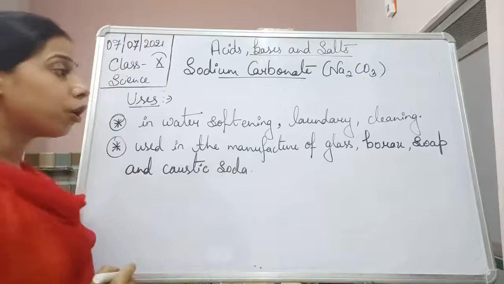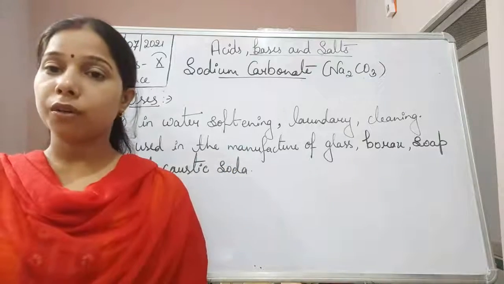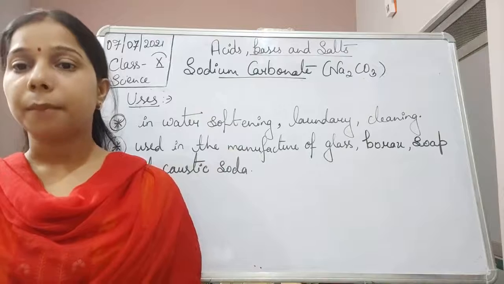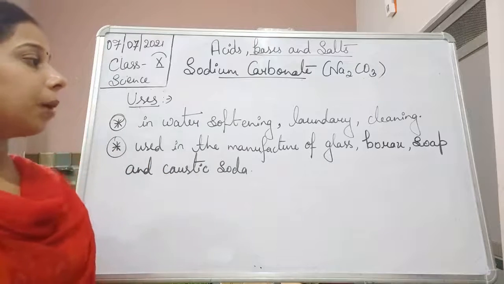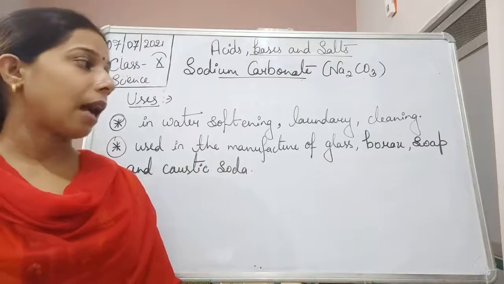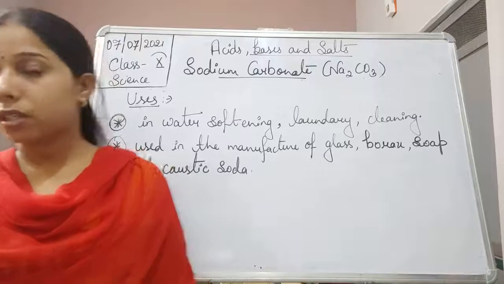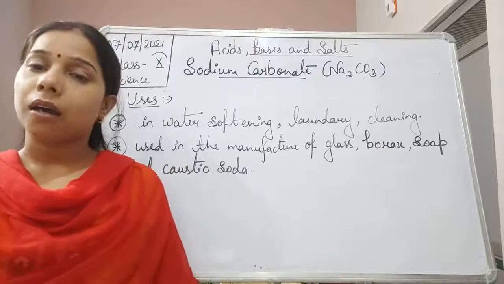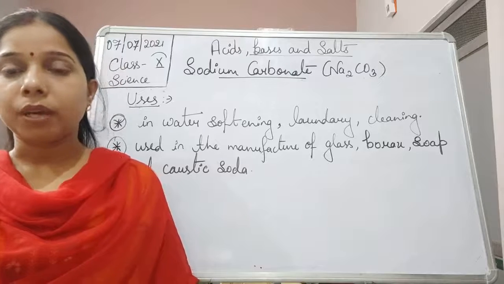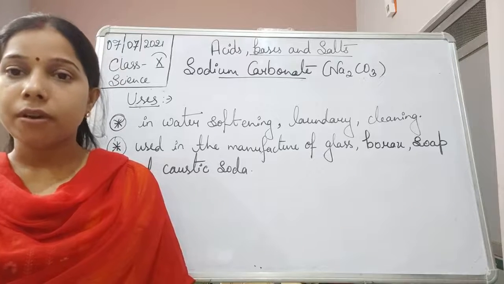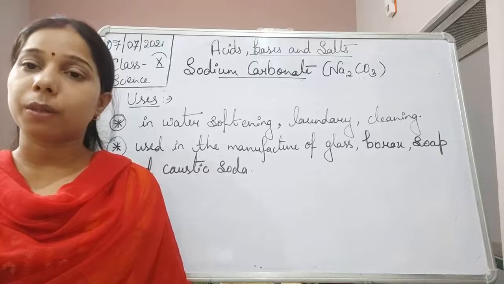So it is not only used for laundry and cleaning, but also in making glass, borax, soap, as well as caustic soda, that is sodium hydroxide. NaOH is made from this.